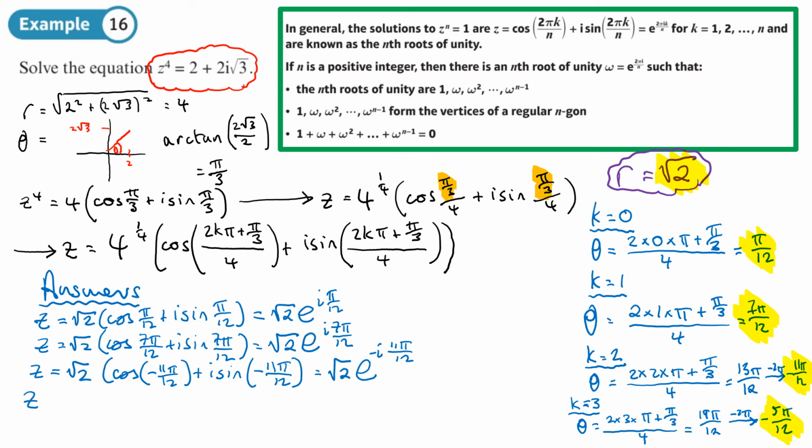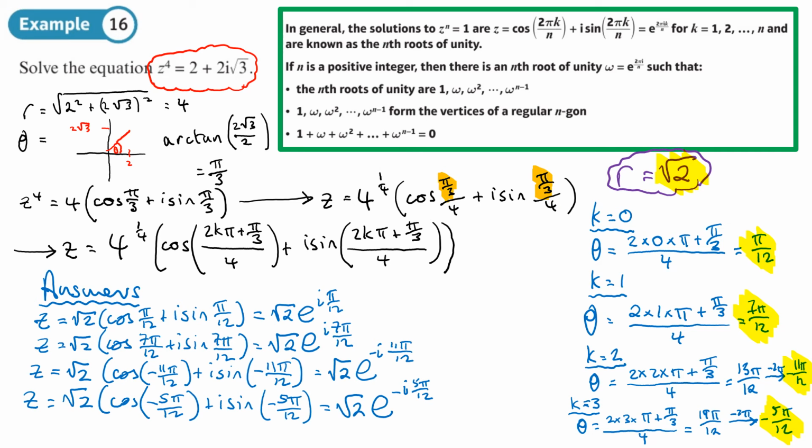And the last one, root 2 cos negative 5 pi over 12 plus i sine negative 5 pi over 12, root 2 e to the negative i 5 pi over 12, and we have our 4 roots.